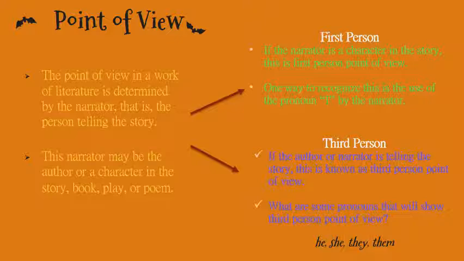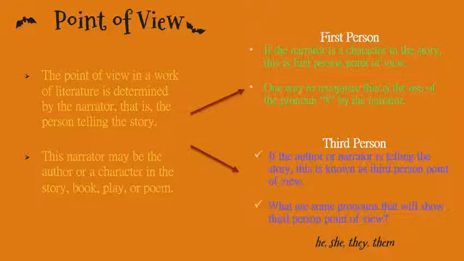Third person point of view. If the author or narrator is telling the story, this is known as third person point of view. So if the author or narrator is just telling the story, he is not a character in the story, then it is third person. In other words, if the narrator is telling a story that happened to him, then it's first person.